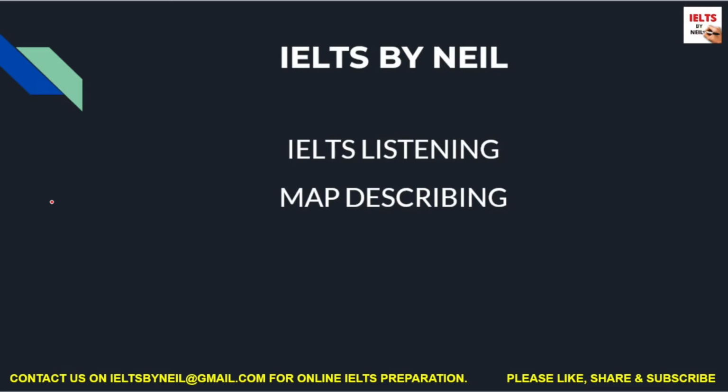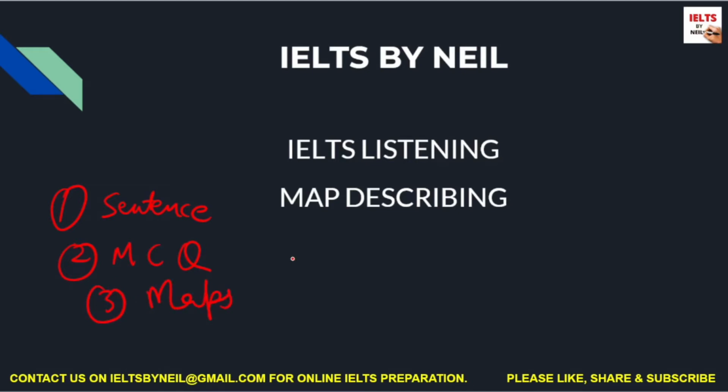In IELTS listening, there are many types of questions. For example, sentence completion is the first type. Number 2, multiple choice questions, MCQ. Number 3, maps. Number 4, they can give you any diagram.